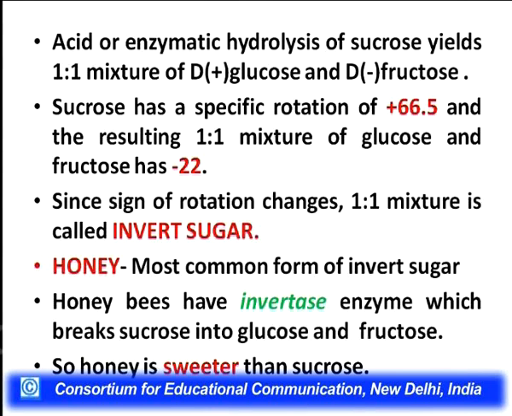D-glucose and D-fructose. Now we know that the specific rotation of sucrose is +66.5, that is positive, and the resulting mixture of glucose and fructose has a specific rotation of minus 22. So when we bring about hydrolysis of sucrose, there is a change in rotation.